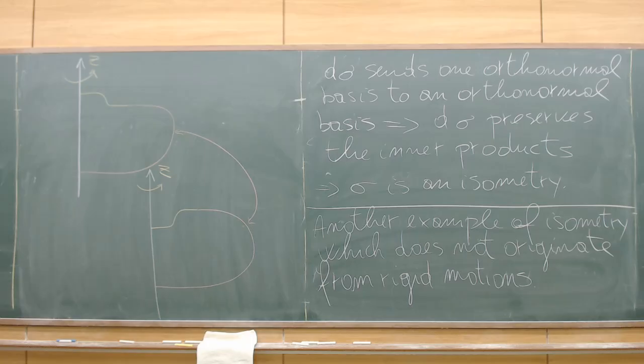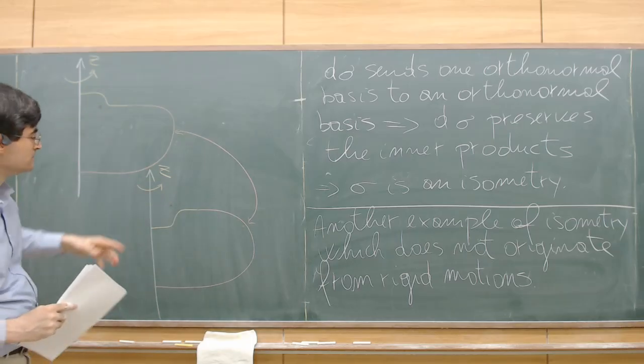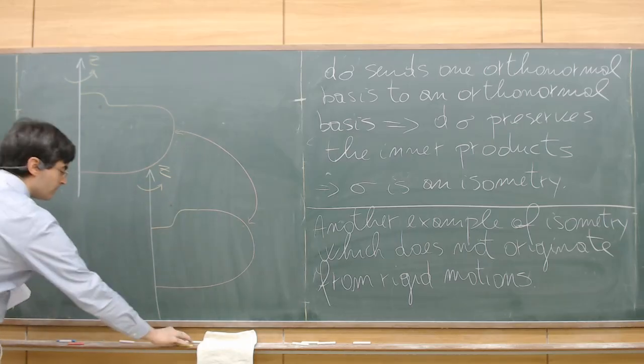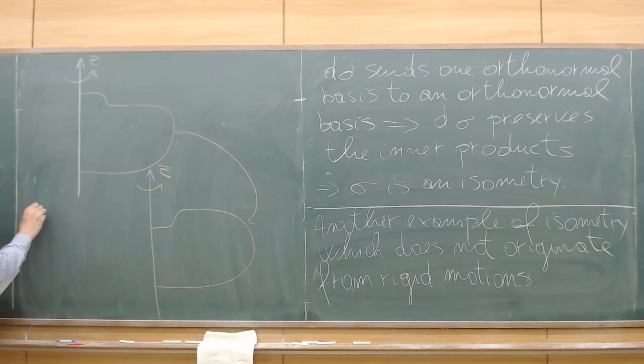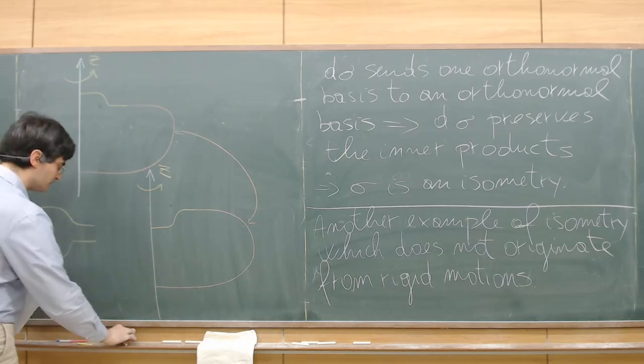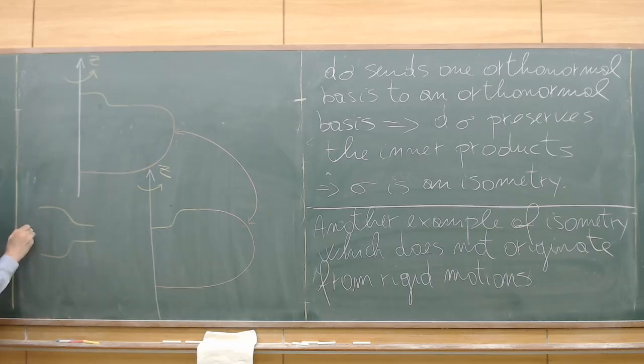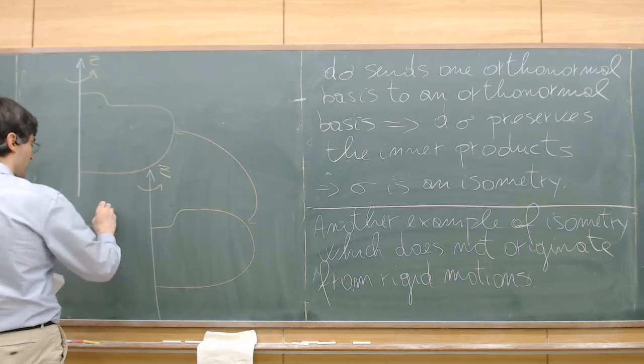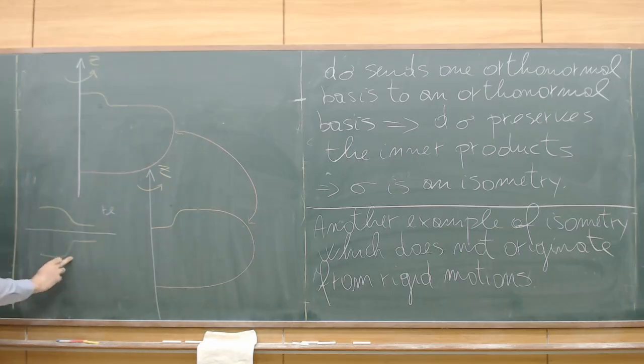Instead, what about the yellow part? I mean this portion here and this one. They are obtained by a reflection. So this one is obtained from this one by reflection.